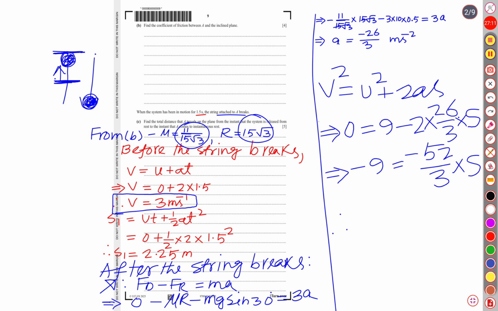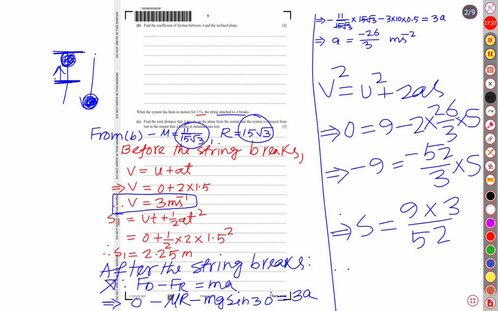Hence our s is going to be 9 into 3 over 52. Hence our displacement after the string breaks is going to be 27 over 52.